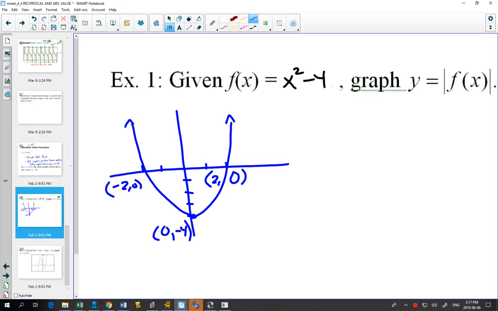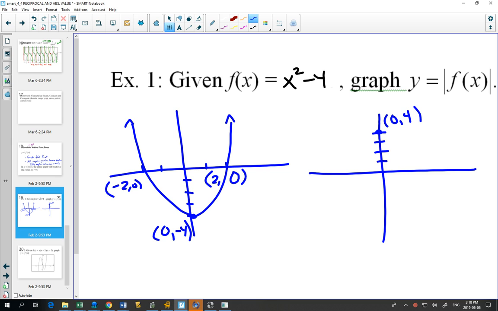So we graph f of x first. And then all the absolute value is going to do is change negative y values to positive. So 0, negative 4 is going to become 0, positive 4.